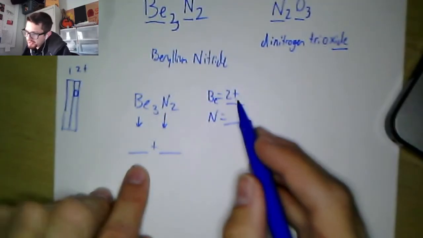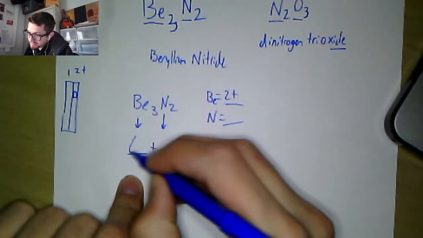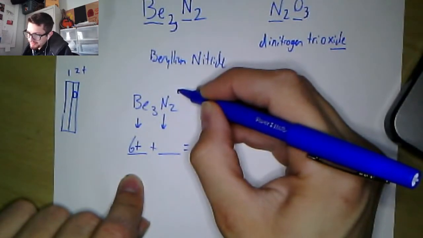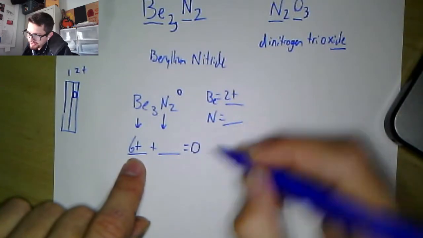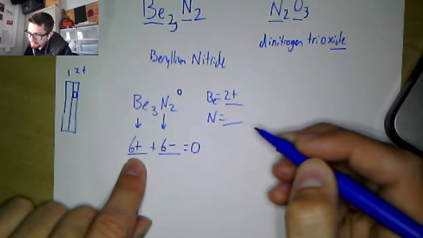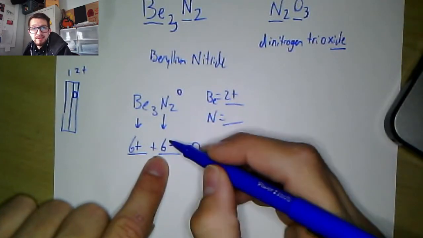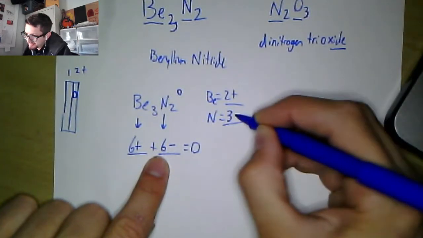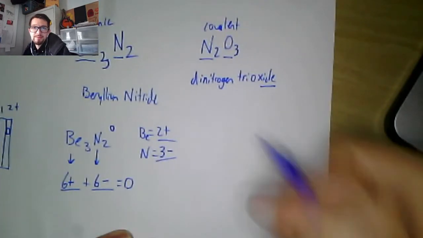So if this is 2+ and we have 3 2+, what's the total charge? It's going to be 6+. Now, I don't have a number written up here, which means the charge is 0. So these nitrogens have to cancel out this 6+ to give us 0, which means they have to be 6-. So if we have 6- and it's split across 2 atoms, 6 cut into 2 would be 3. So each nitrogen is going to be 3-. And that's the answer.